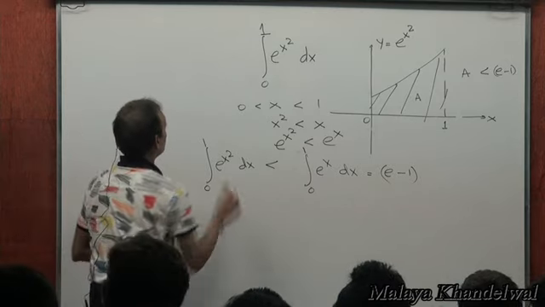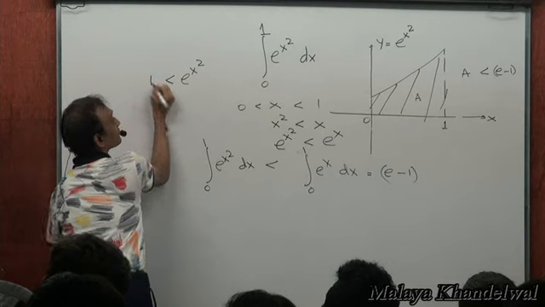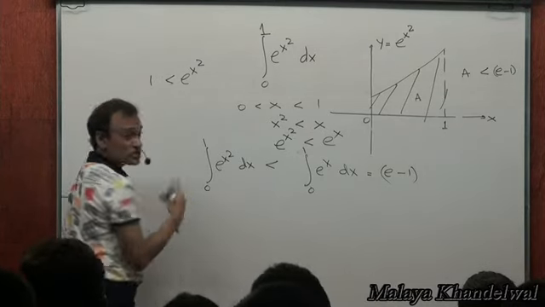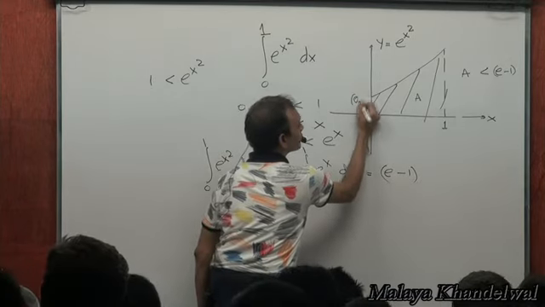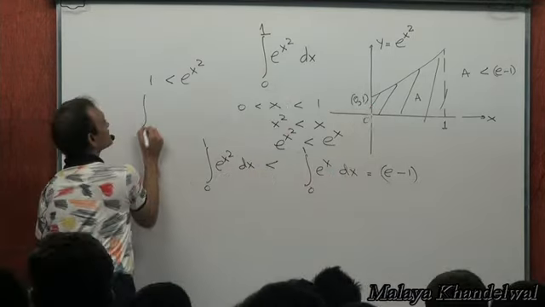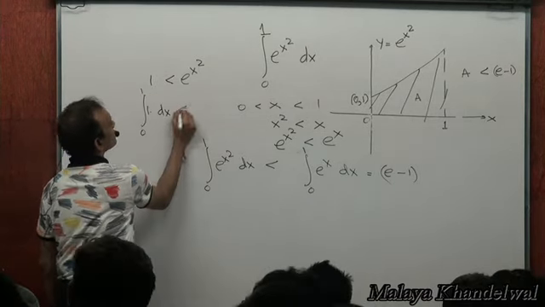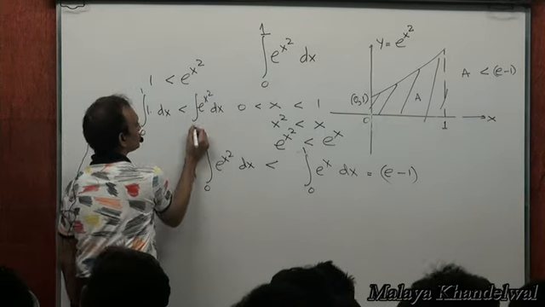But e power x squared is greater than 1 in the interval 0 to 1. And therefore, I can say the integral of 1 dx from 0 to 1 is less than the integral of e power x squared dx from 0 to 1.